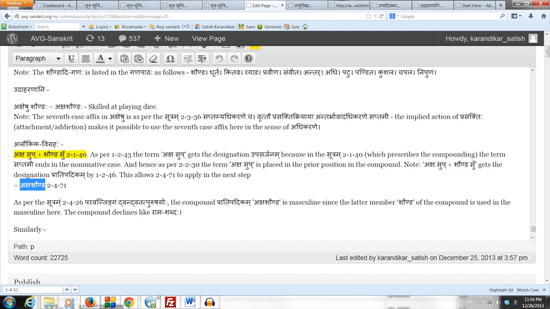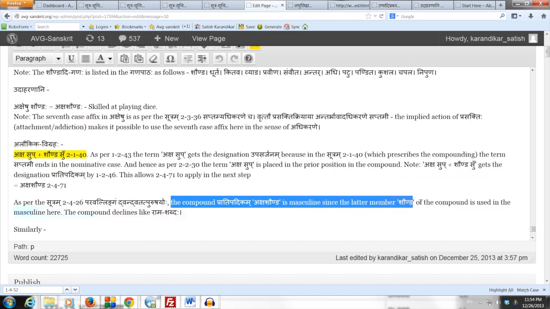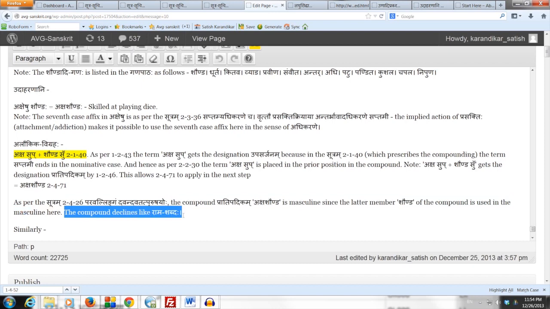Now as per the Sutram 2426 paravallingan dvandva tat Purushayoho, the compound pratipadikam aksha shaund is masculine since the latter member shaund of the compound is used in the masculine gender here. The compound declines like Rama Shabdaha. Shaund is an adjective pratipadikam. In the current example, we used it in the masculine and that's what makes the compound masculine.